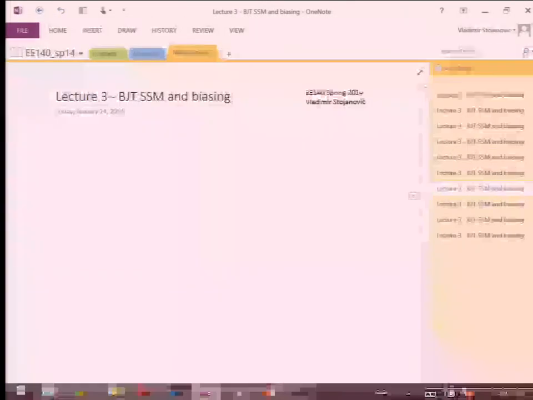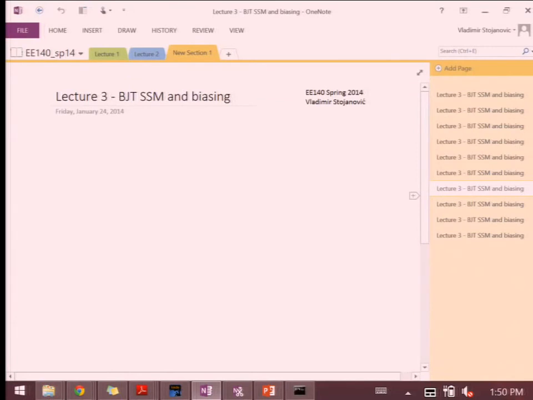Now, I just want to discuss a little bit this C mu because it's kind of interesting what's happening. This is base collector. This is C mu. So if you look at that equation, as the difference is changing, this cap is kind of increasing.